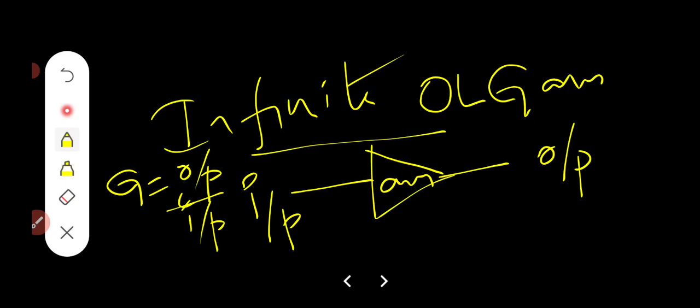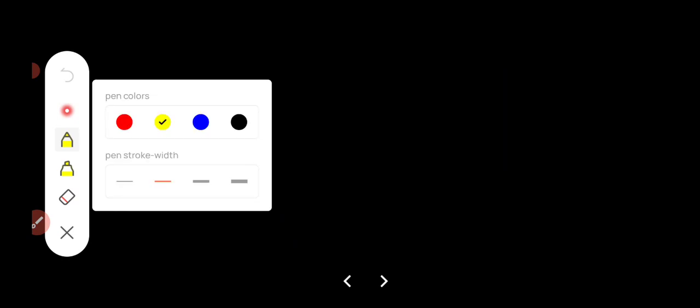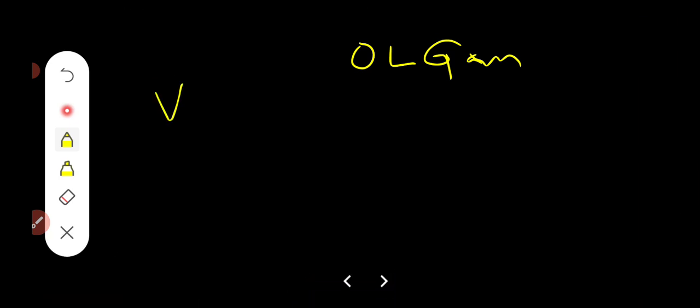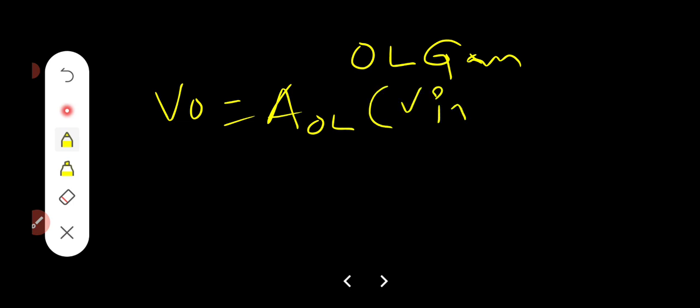In the case of an operational amplifier, open loop gain means that we don't have any kind of feedback in the operational amplifier. That's why Vo is equal to the open loop gain, A_OL, into the input voltage.